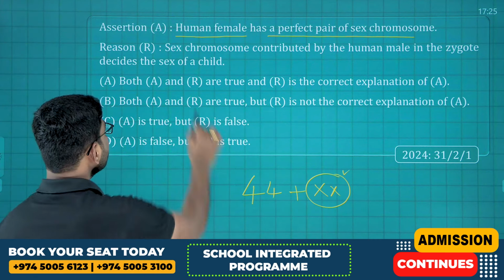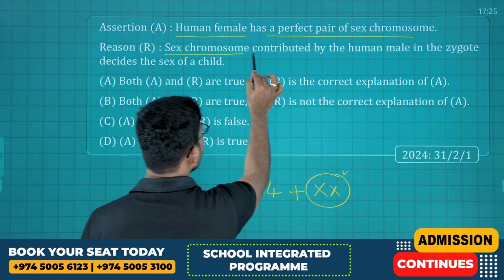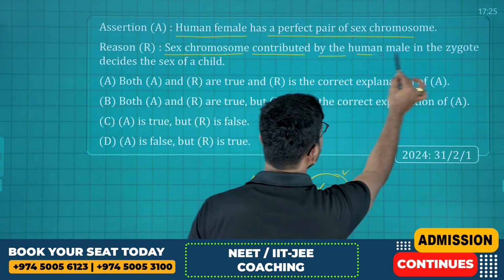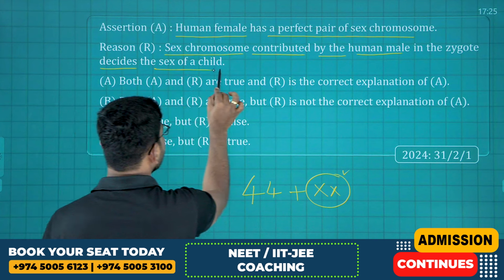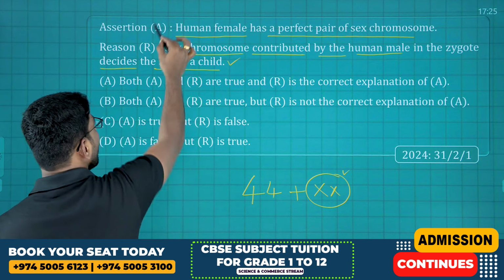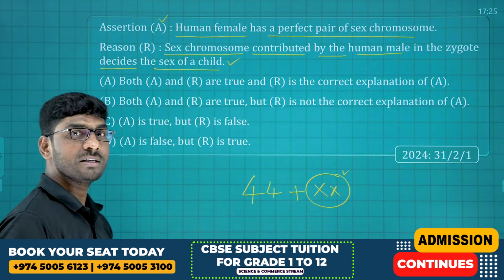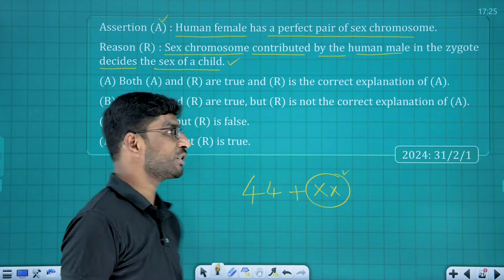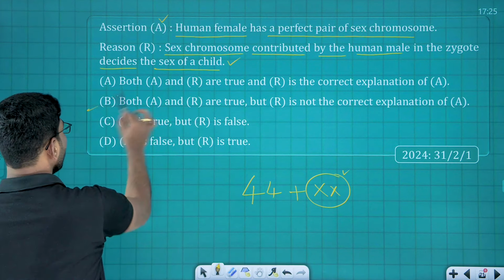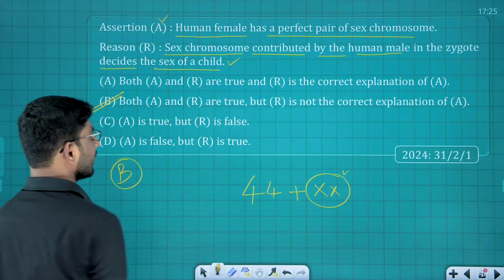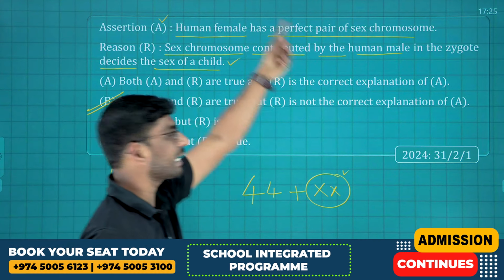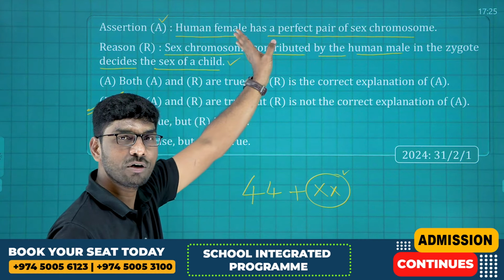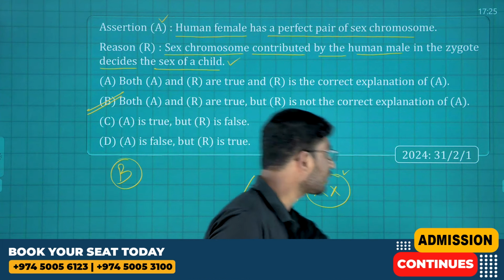Sex chromosomes contributed by the human male in the zygote decide the sex of the child. Yes, correct. Both statements correct. But this is not a correct explanation of the reason. So I am going with option B. A, R true, but R is not a correct explanation of A. Come to the next question.